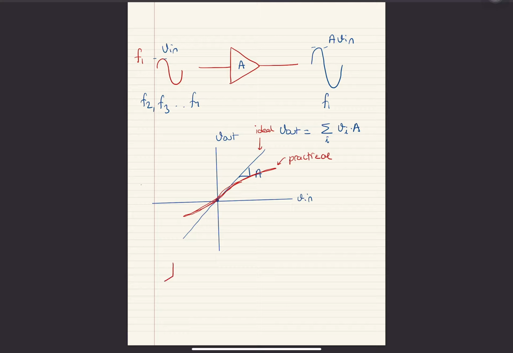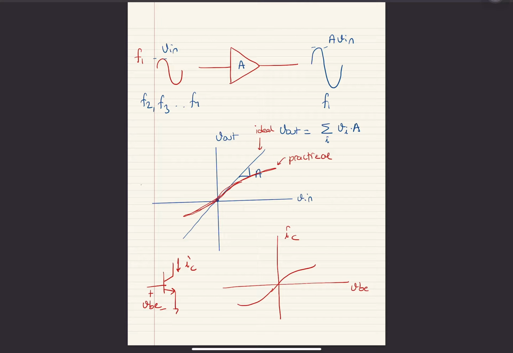So when you think about a bipolar transistor, remember that a transistor is a transconductance amplifier. Your input is this one, your output is the collector current. And when you draw IC versus VBE, you see something like this.